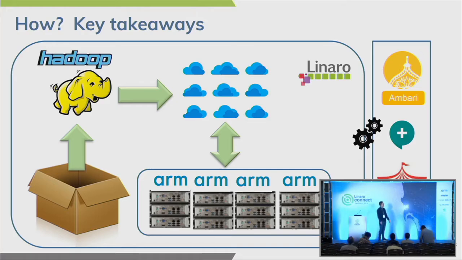Fortunately, we have Ambari and Bigtop. Ambari and Bigtop are Apache Software Foundation projects. The combination of Ambari and Bigtop is the perfect way to lift big data on Arm servers.